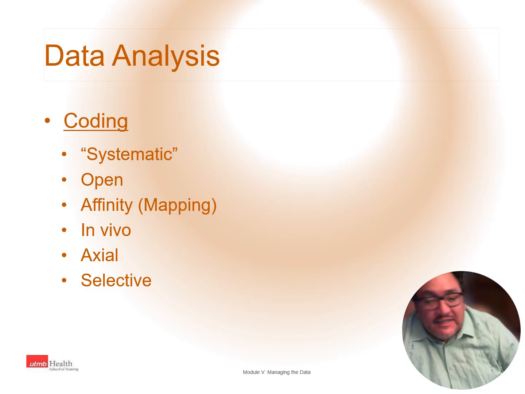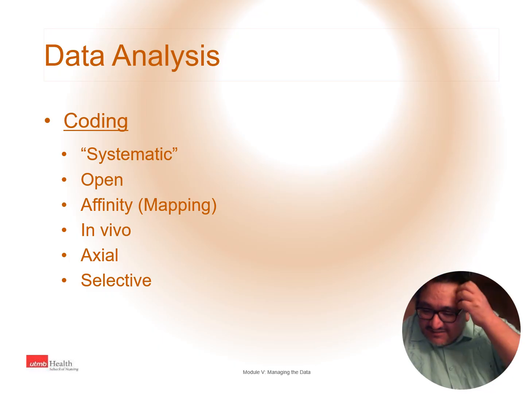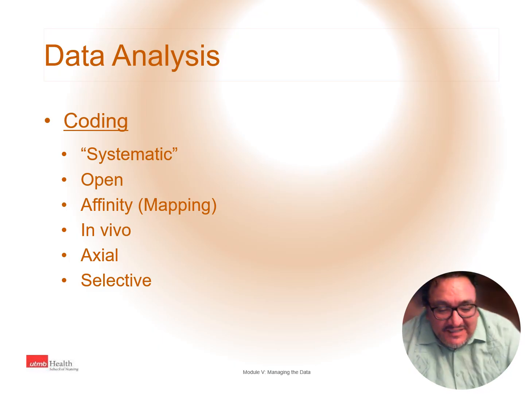But anyway, like I said, coding is one of those processes that's hard to really figure out, because one of the central goals of qualitative work is to be flexible for the researcher, because it's literally an uncontrolled environment.